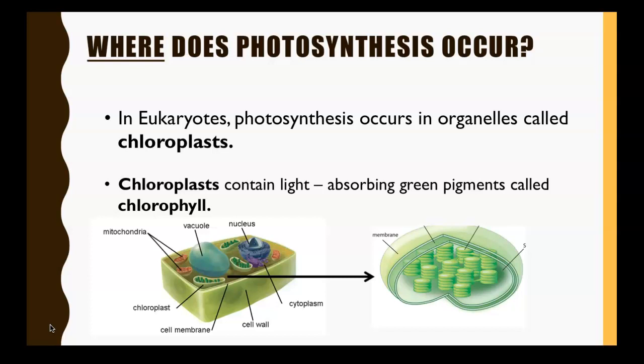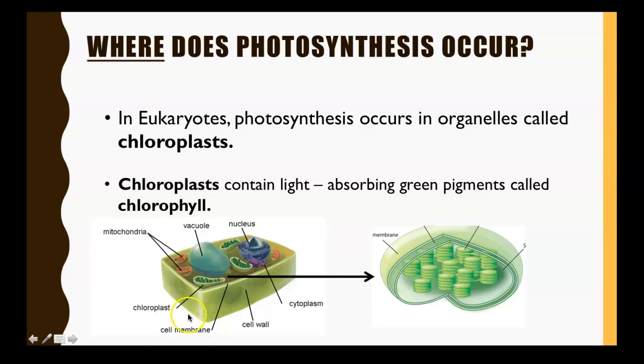Now, yesterday you should have all watched the recorded lecture on chloroplasts versus mitochondria. And that video went a little more in depth in regards to the structure and function of the chloroplast. But again, what you need to know is photosynthesis occurs in chloroplasts, okay? And chloroplasts contain light-absorbing green pigments called chlorophyll, okay?